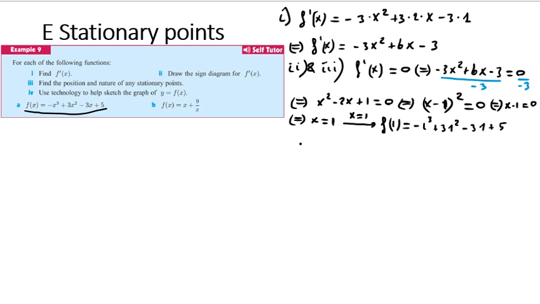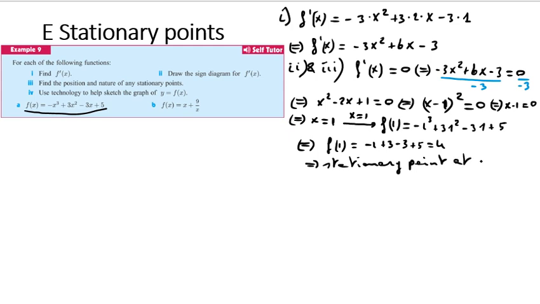So that becomes minus 1 plus 3 minus 3 plus 5, and that is equal to 4. So we have a stationary point at the point with coordinates 1, 4.